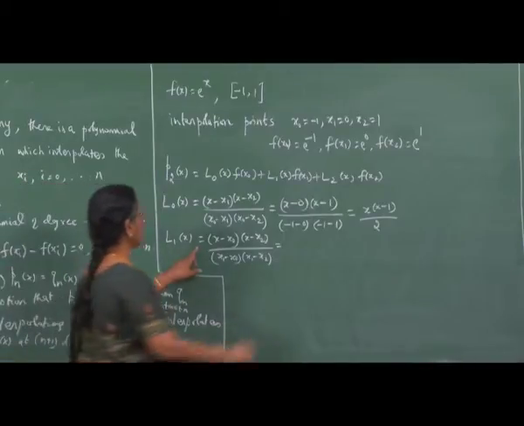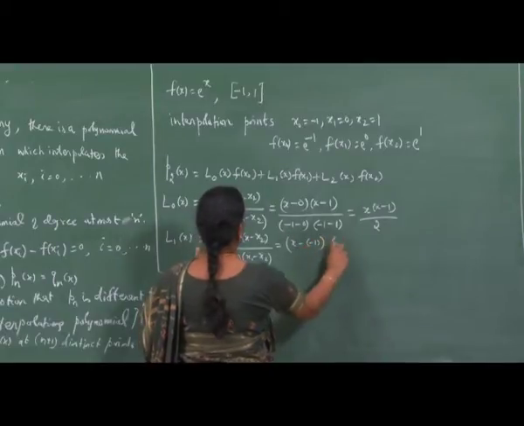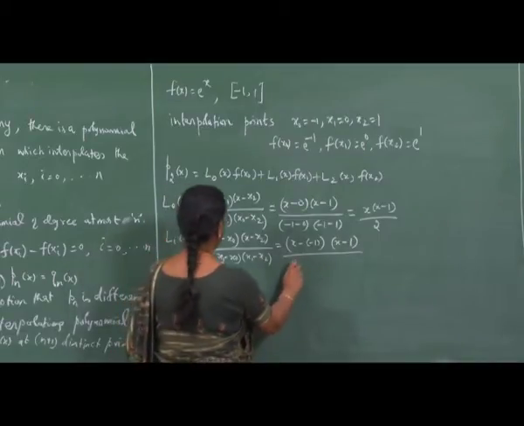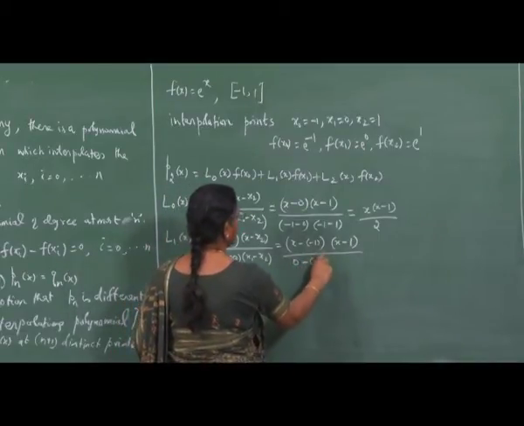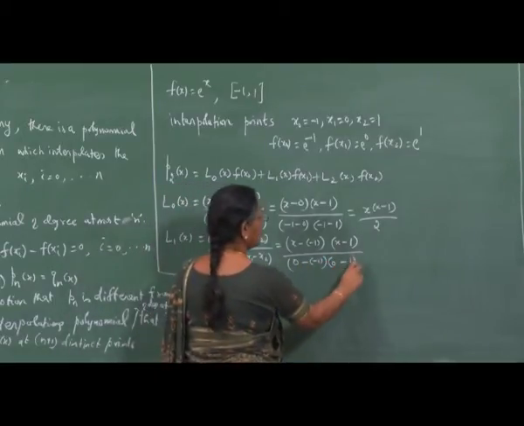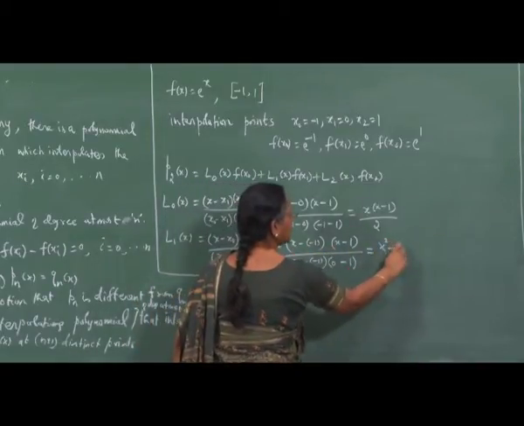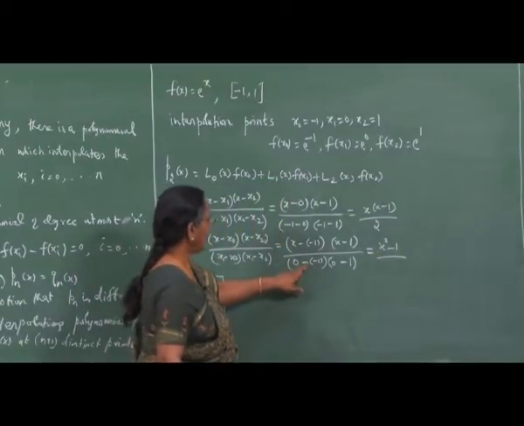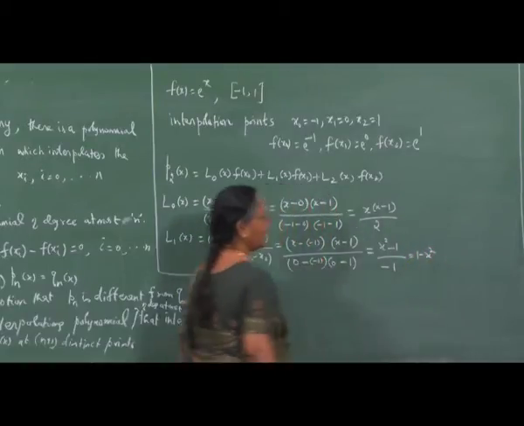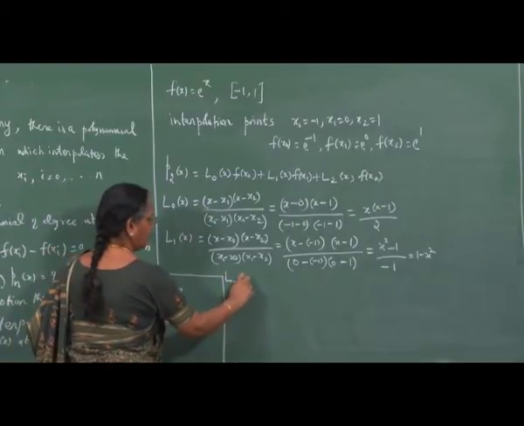So, that gives us x minus x naught is x plus 1, x minus x2 is x minus 1, and x1 is 0, x naught is minus 1, x2 is 1. This gives you x plus 1 into x minus 1. So, x square minus 1 by 1 into minus 1. So, we have 1 minus x square, that is L1 of x. We now write down L2 of x.